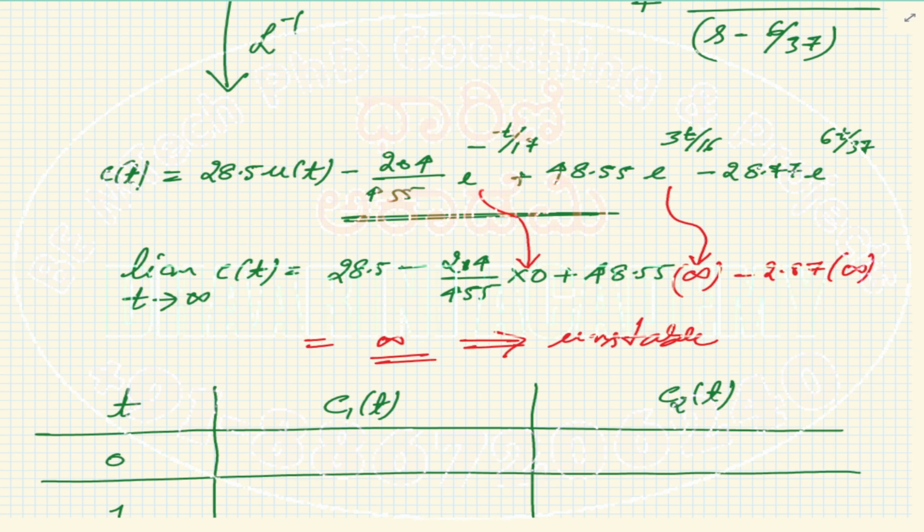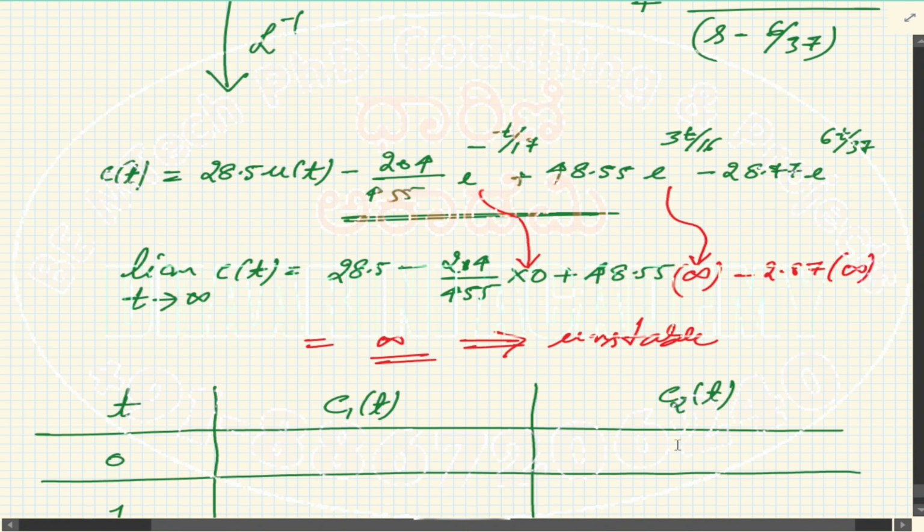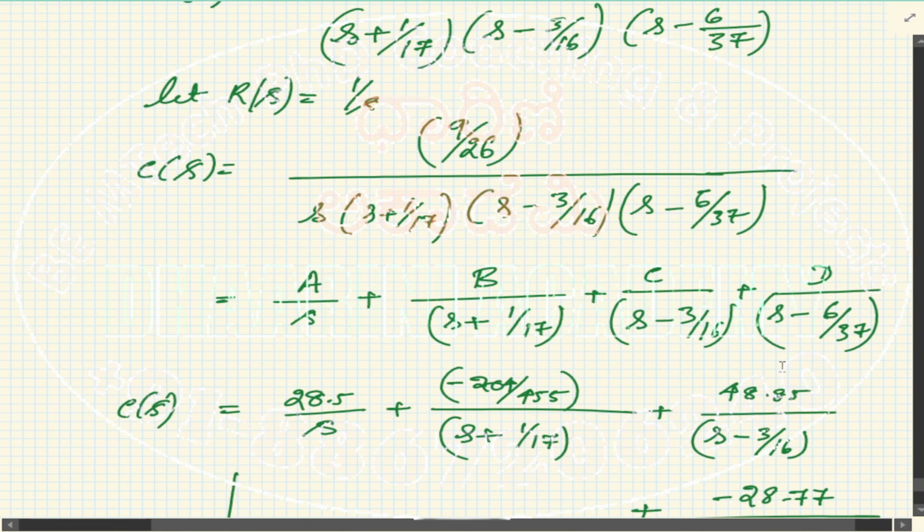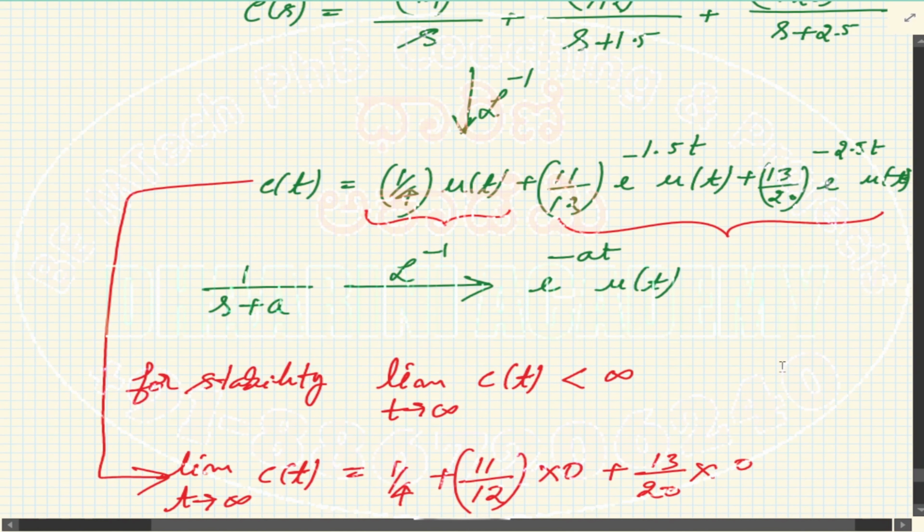In the C of t, put t equal to 0 first, then t equal to 1, and so on. This is for the C2 of t, and you have the equation for C1 of t, the previous answer.